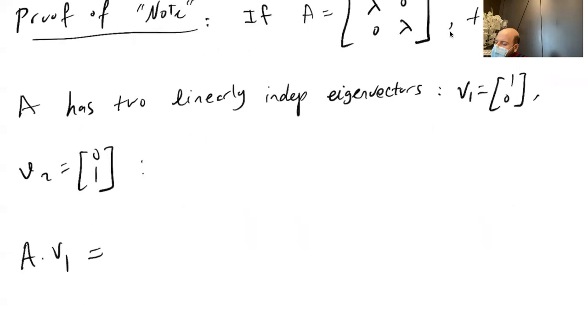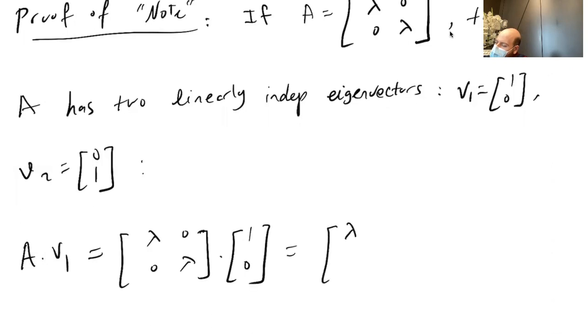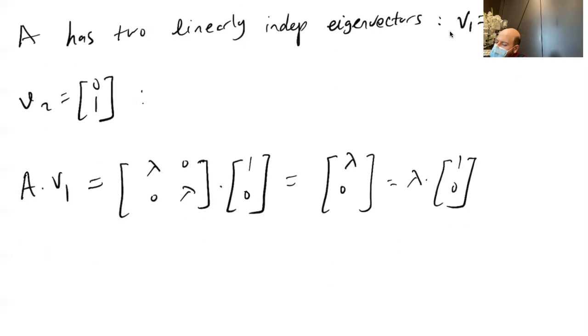So A times V1 is equal to the matrix [lambda 0; 0 lambda] times V1, which is (1, 0). Then I'll get (lambda, 0), which is lambda times (1, 0). So V1 is an eigenvector for A with eigenvalue lambda, because A V1 turns out to be lambda V1.